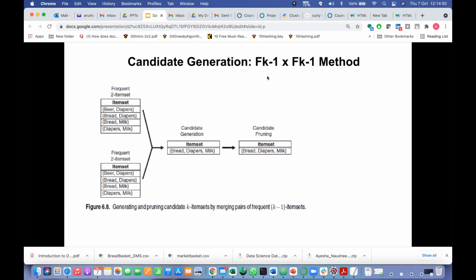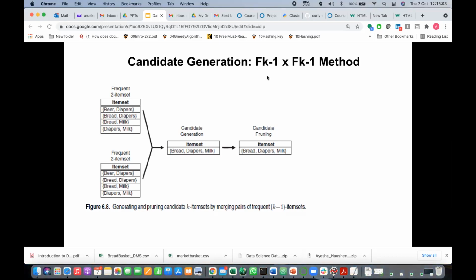Can you repeat the question? Earlier we understood that when you add one frequent item to a k minus 1 frequent item set, there is a probability that it may become a k frequent item set, right? Right. Again, we will verify, there is only a probability. Otherwise there is absolutely zero probability, we are eliminating, right?